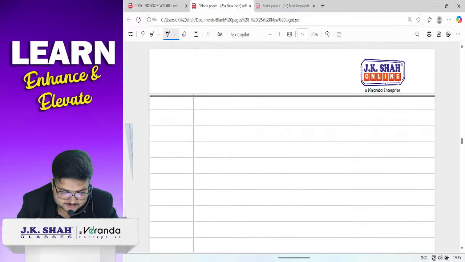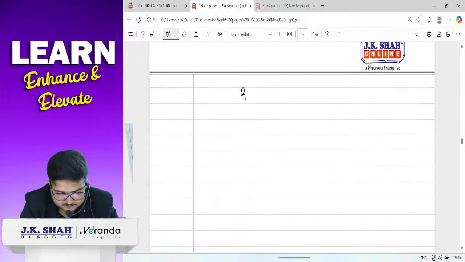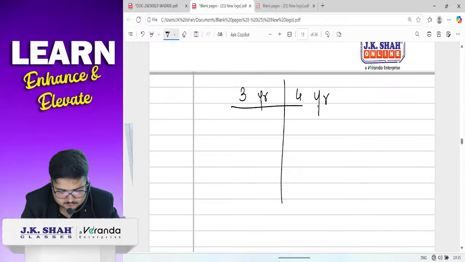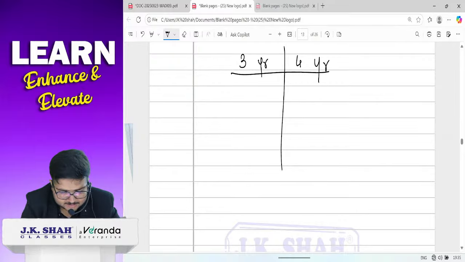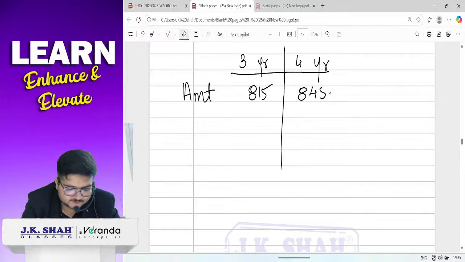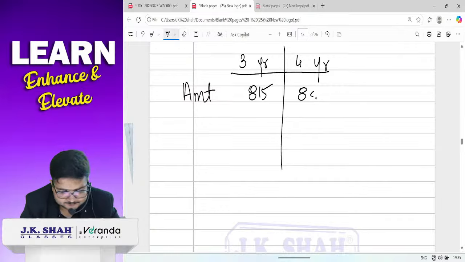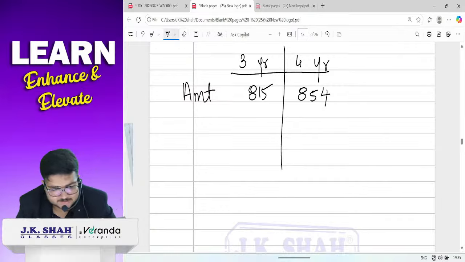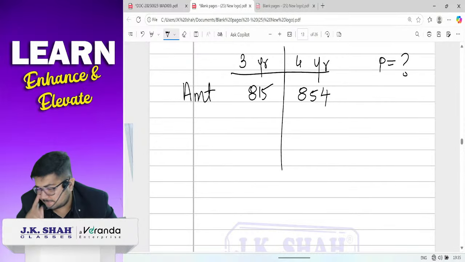Very simple sum. You just have to apply logic. The amount of 3 years is given to you as 815 and the amount of 4 years is given as 854. Now, you have to find the principal.